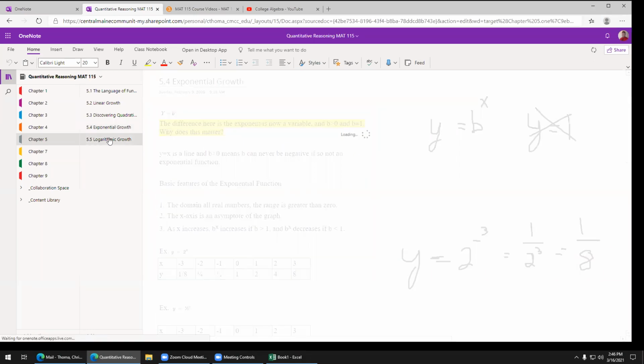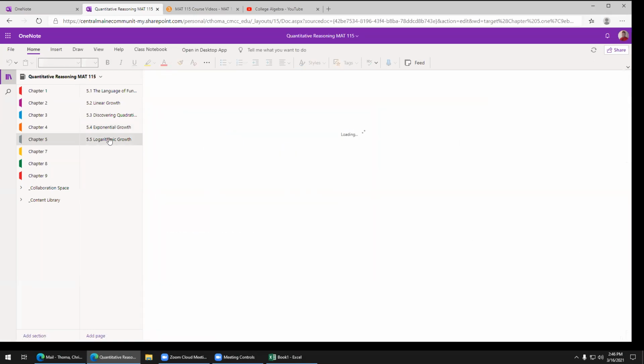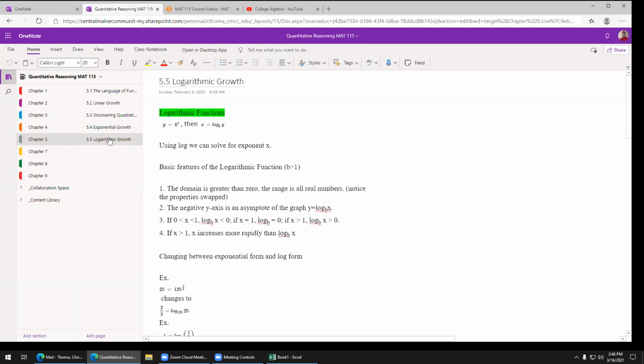And so when we go to logarithmic, it's kind of a way to bounce it back and forth. So these two functions are related. So if I have y equals b to the x as exponential, I can swap things around.